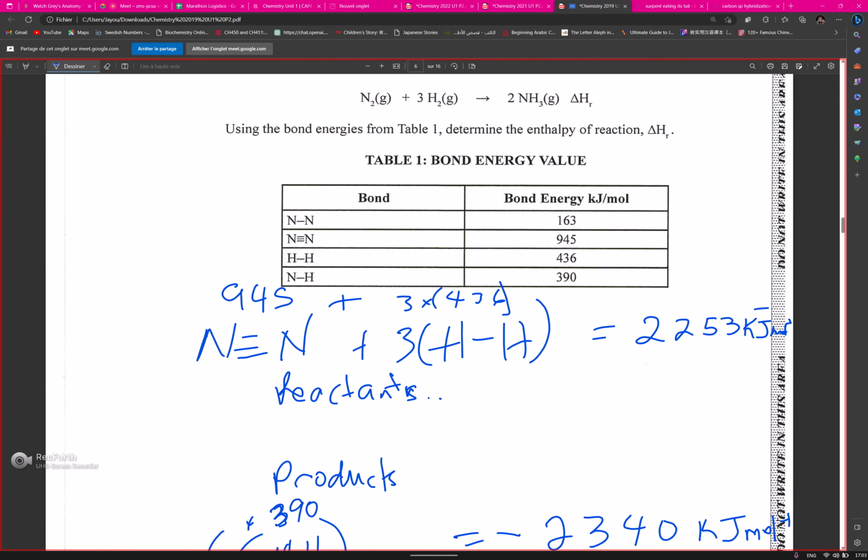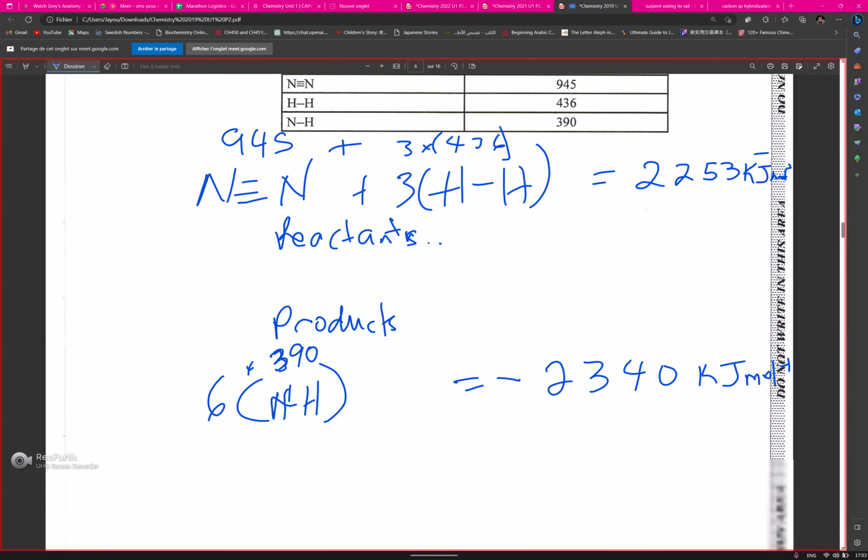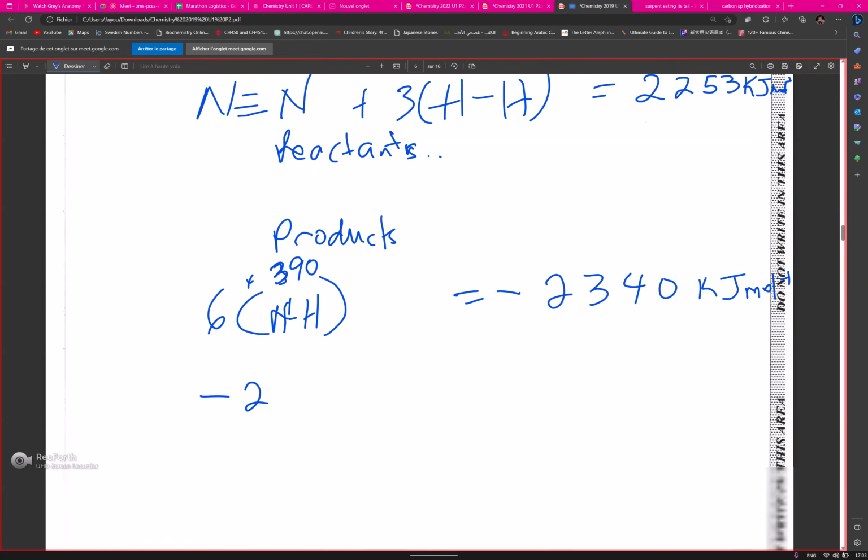Endothermic or exothermic? You should be able to tell. Yeah, I think it's exo. So we have 4 bonds up here. 6 bonds forming. Let's see what we're gonna have through the reaction.